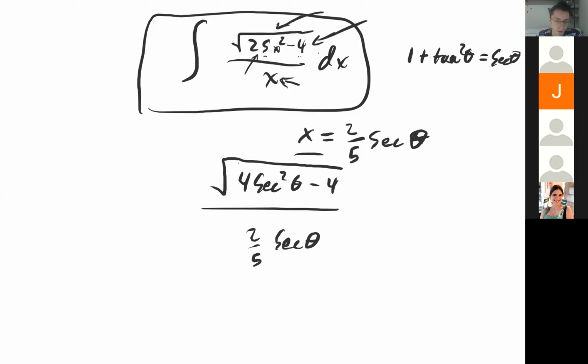And now you also have to deal with the derivative here. So the derivative of secant of theta.